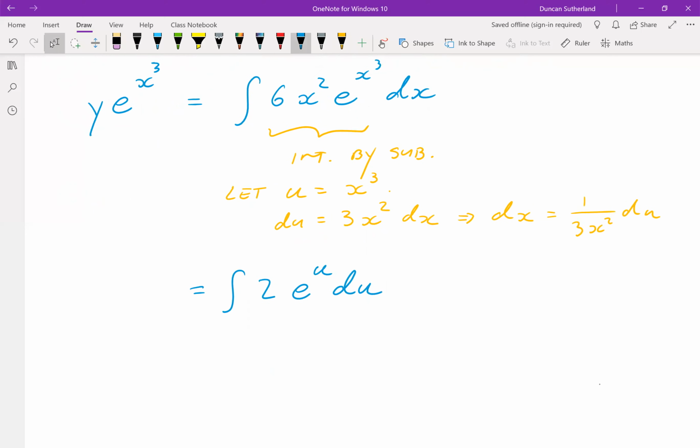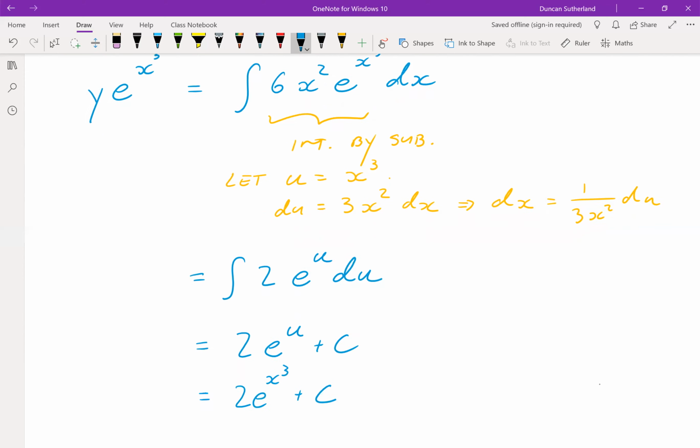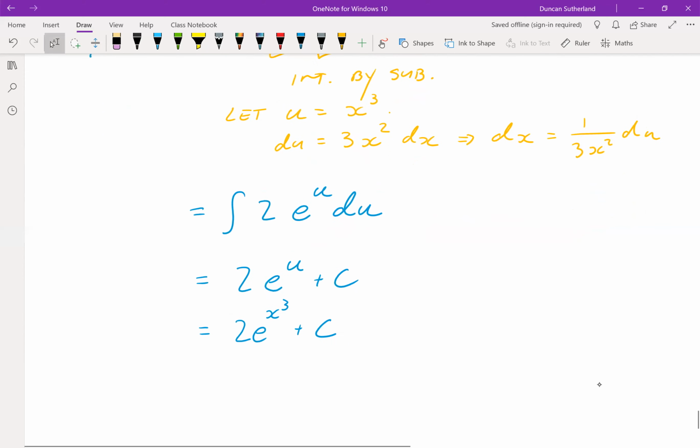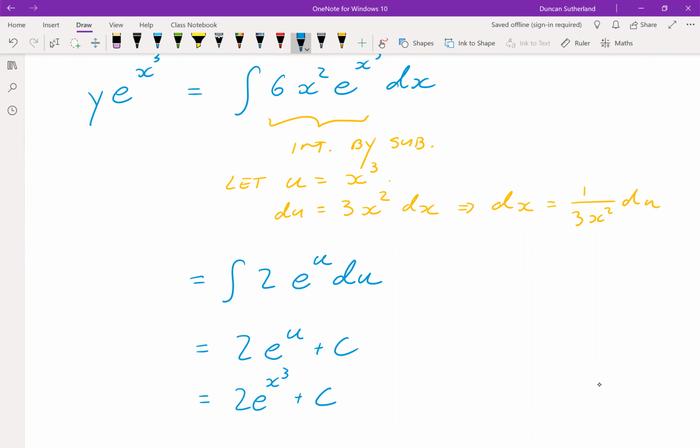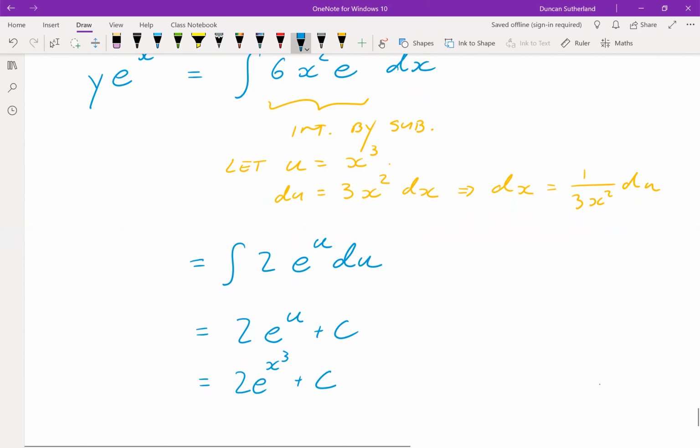Okay, now we know how to do this integral. We substitute our value of u back in. Like so. And now our goal is to simplify. So we've got this factor of e to the x cubed on both sides.